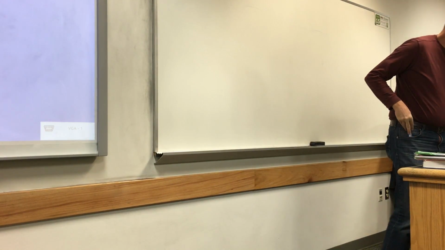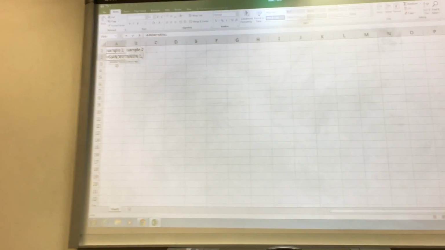Okay, so here's what we're gonna do. I'm gonna have sample 1 and sample 2, and I'm just gonna do some random numbers, because I don't have to think about it. So random between, say, 1 and 80.